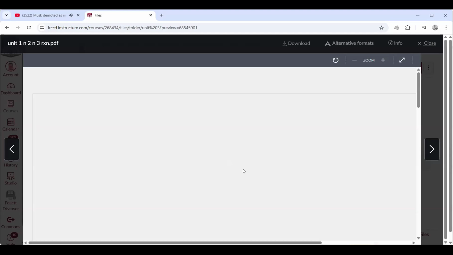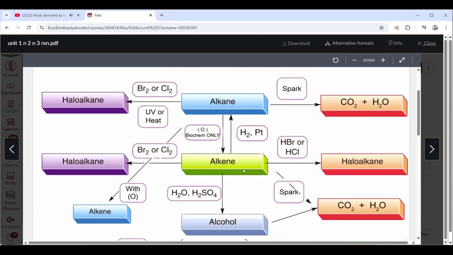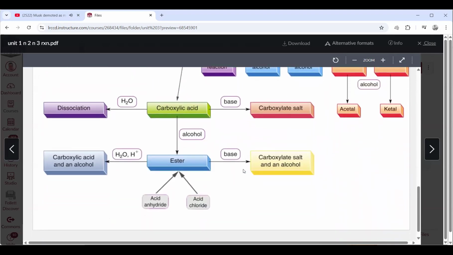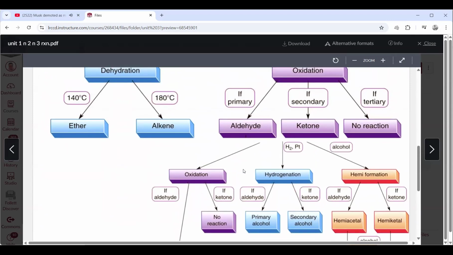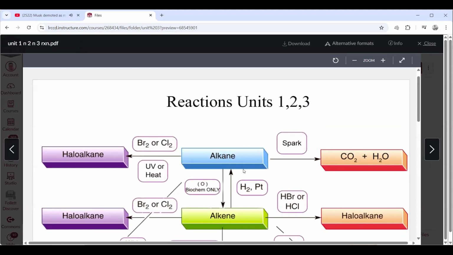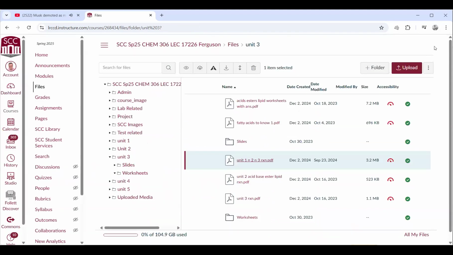This one's got it all together in units 1, 2, and 3. That gets complicated. Let's see. So are there any questions about where you can practice worksheets, naming, anything like that?